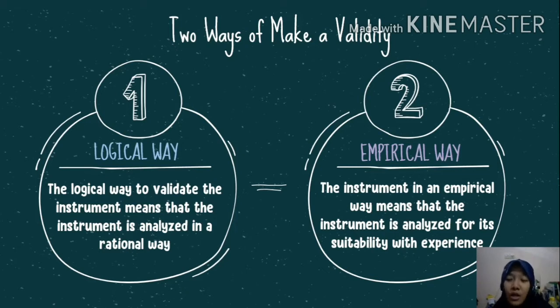So the teacher making an instrument must base it on their experience. They use their sense to see the experience so that the teacher can make validity based on their experience.